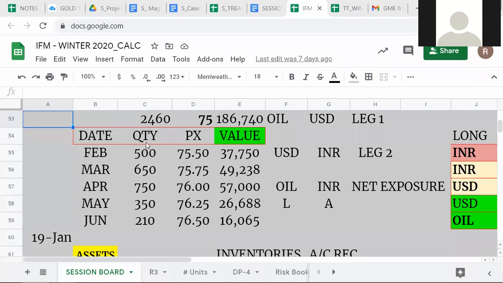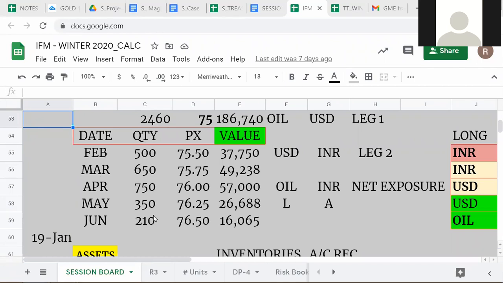You will typically lay out the exposure for several months in the future, something like this. In Feb, we have to buy 500,000 barrels. In March, we have to buy this much, and so on. Then you would look at the futures prices for each of these months, and you would accordingly hedge.